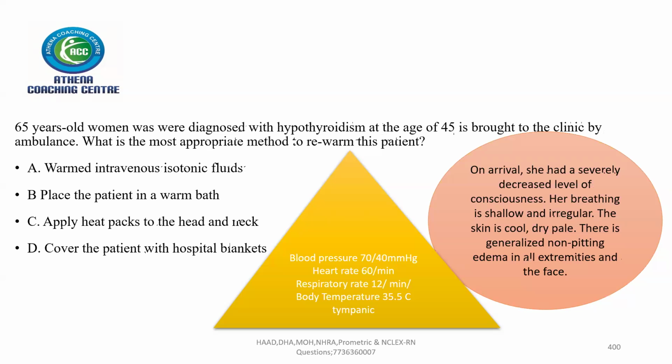So she is a 65-year-old hypothyroidism patient, and the hypothyroidism was diagnosed 20 years ago. She was brought into the hospital through an ambulance, so this is an emergency situation. On arrival, she was literally cool and her breathing was irregular, and she had edema on the face and extremities. And the question here is, what is the most appropriate method to rewarm the patient?